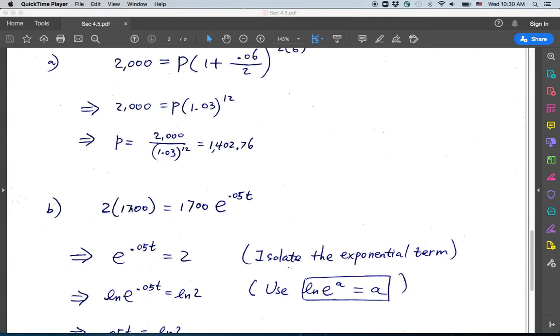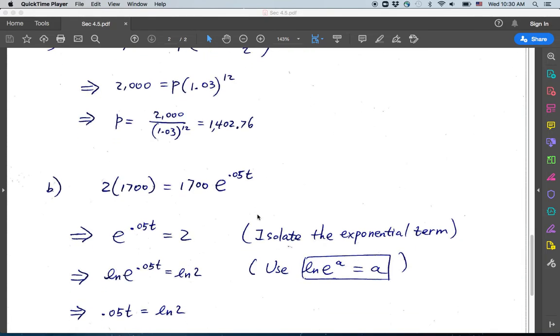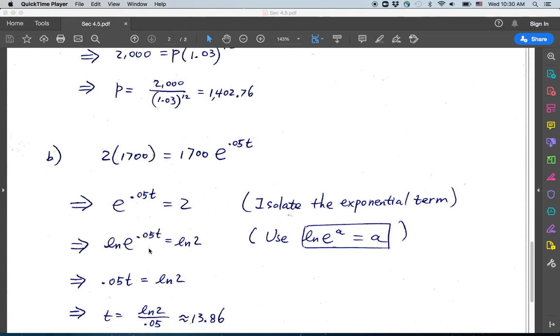And this gives us an exponential equation because unknown is at the exponent of this exponential form. And then we're going to use the same strategy as we did for the previous word problem to solve for t. We're going to isolate the exponential form by dividing the coefficient on both sides. And then we're going to take the natural log on both sides to get rid of this exponential form.